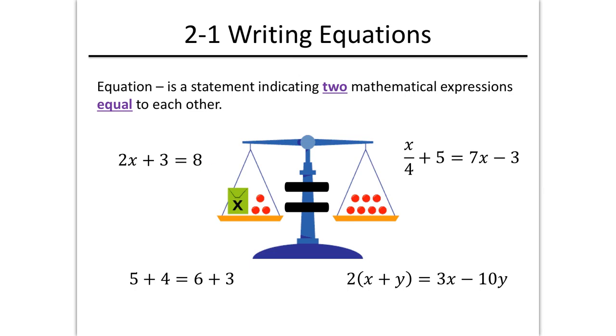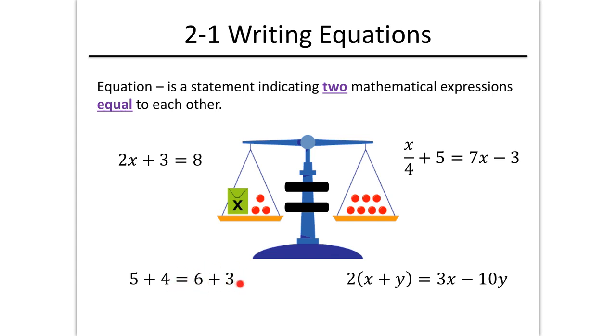So an equation, we have variables, we have numbers, we have plus, minus, you can have parentheses. Just to give you guys more examples, here's another equation here. And this is more self-explanatory. If you actually do the work here, on the left side, we do have an expression, no variables, but we have a mathematical expression. And 5 plus 4, well, that's 9. And that has to equal the right side of that equation.